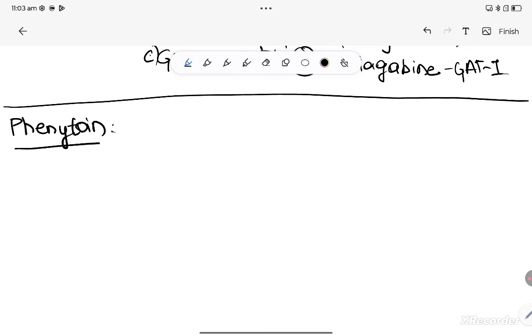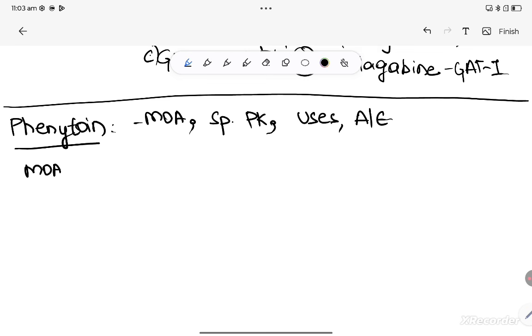Basically, with respect to any drug, we will talk about the mechanism of action, special pharmacokinetic features, uses, and adverse effects. Clear?